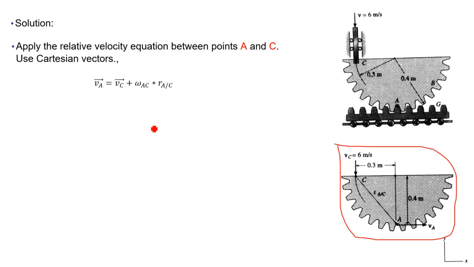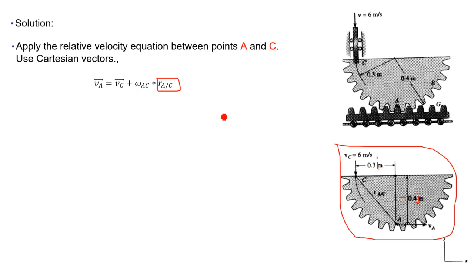So the velocity at A is equal to the velocity at C plus the omega of the AC multiplied by the radius A slash C. We start from there. Let's try to find every component we have. So for the RAC, we said once again it is equal to 0.3 I minus 0.4 J. So this one is done.